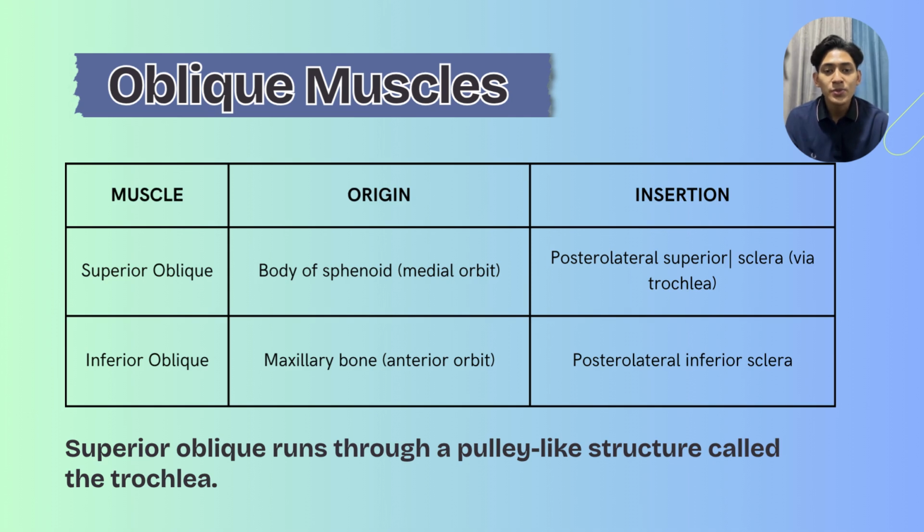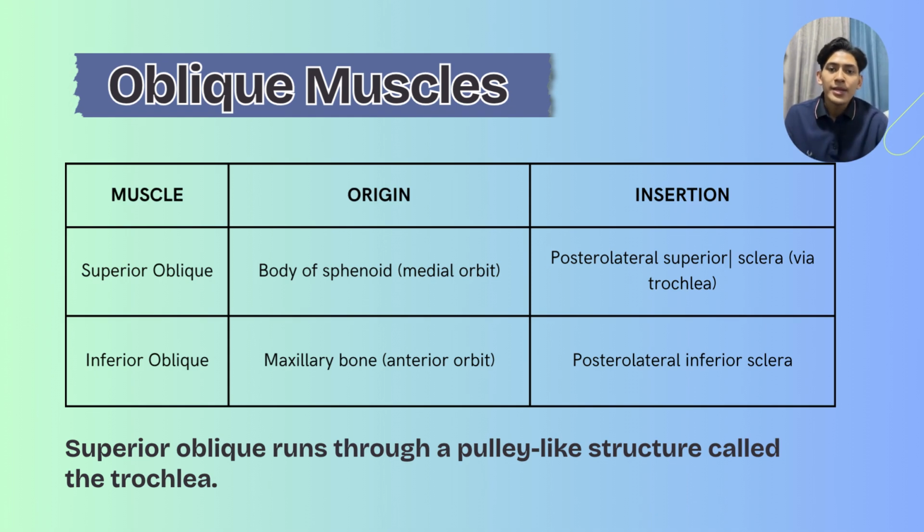It passes through a small loop called the trochlea, which acts like a pulley. After the trochlea, it inserts into the top outer part of the eyeball. Its main action is to rotate the eyes inward, intorsion, and it also helps move the eye downward and outward.